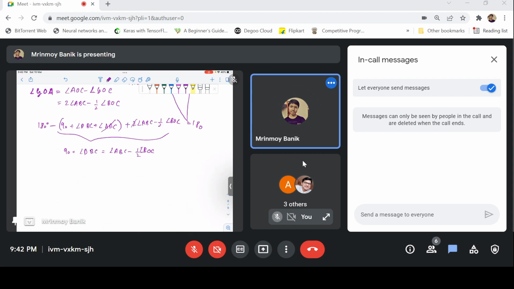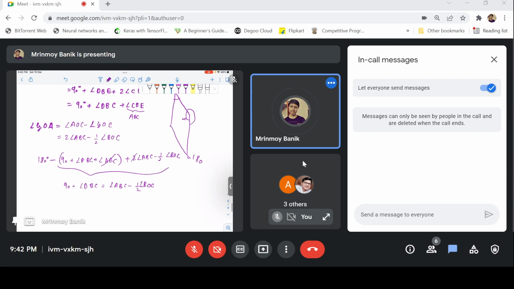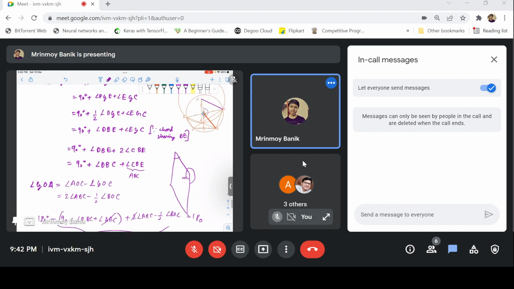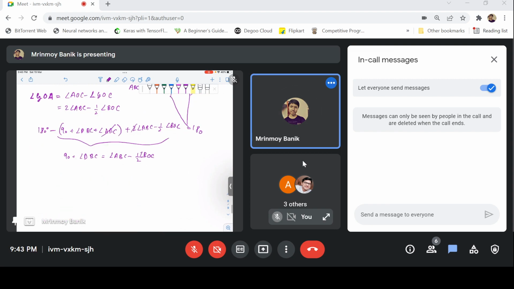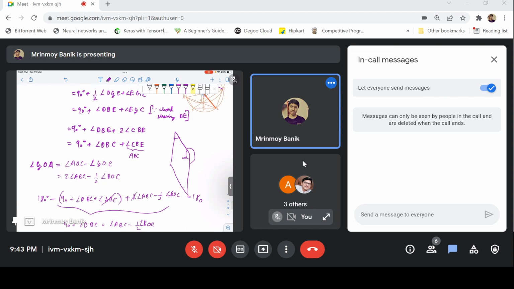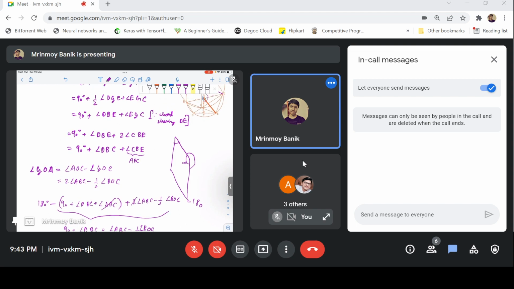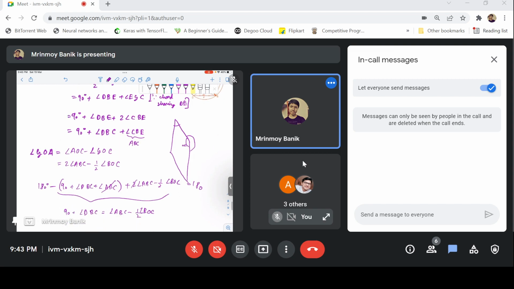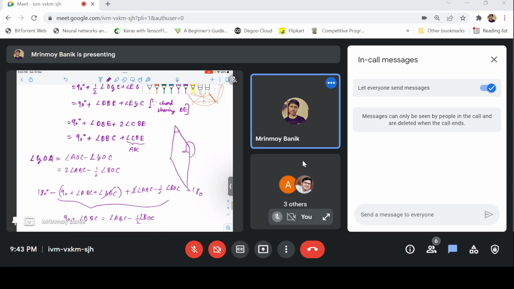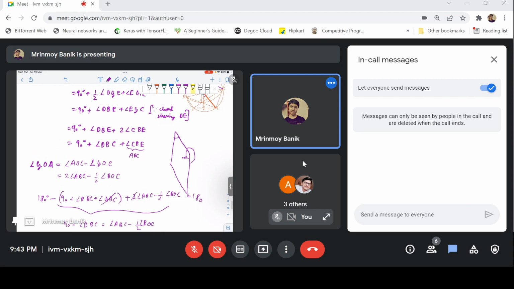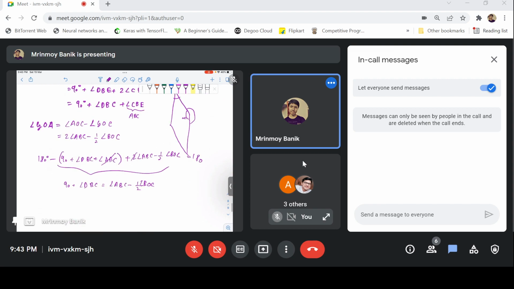So how to proceed? DBC. This angle plus this angle. There we have POC. Sorry, this.